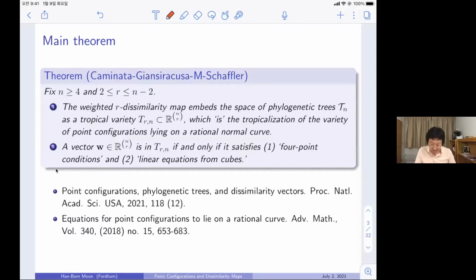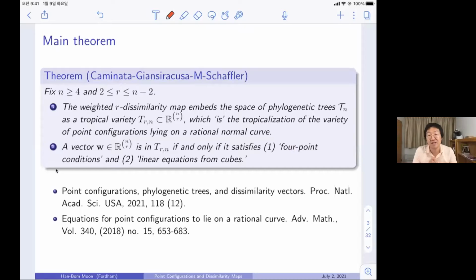curve. Moreover, we can say a little bit more about the tropical variety T_r^n: a vector in the n-choose-r dimensional vector space is in T_r^n if and only if it satisfies two very explicit conditions. I'm going to explain what they are.